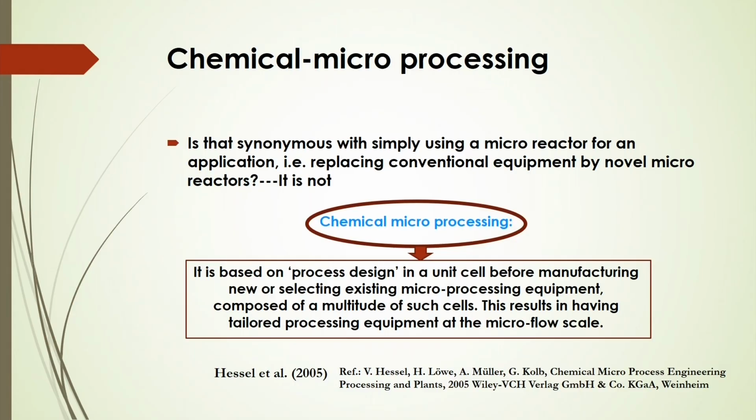So, chemical microprocessing should be based on process design in a particular unit cell before actually manufacturing new or selecting existing microprocessing equipment. In that direction, you have to define how chemical microprocessing will be.